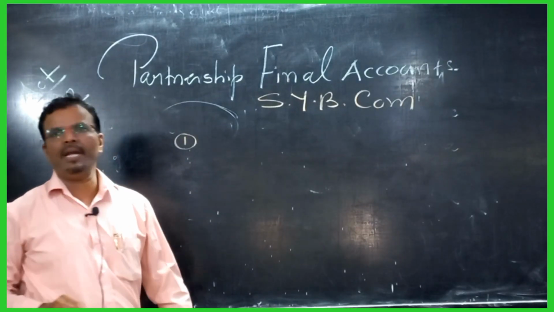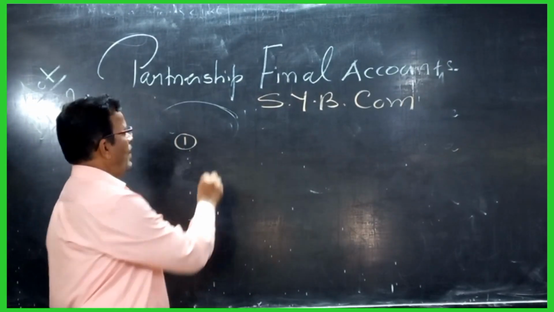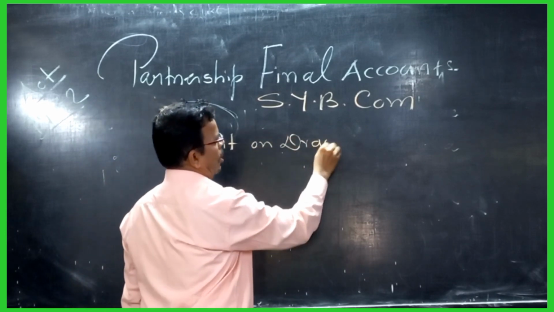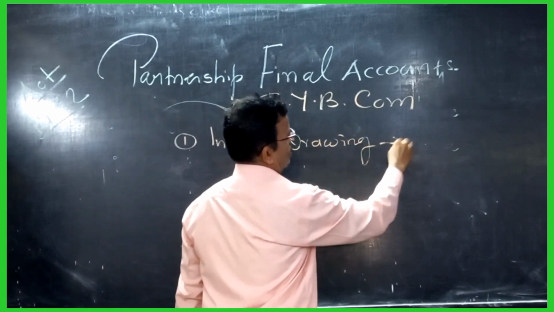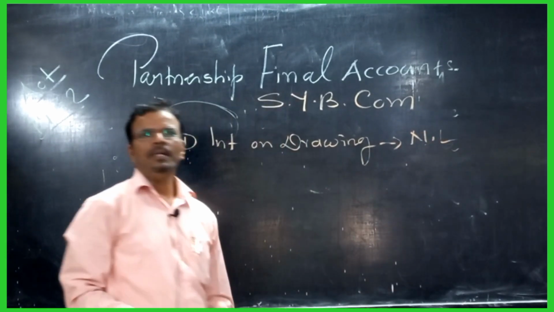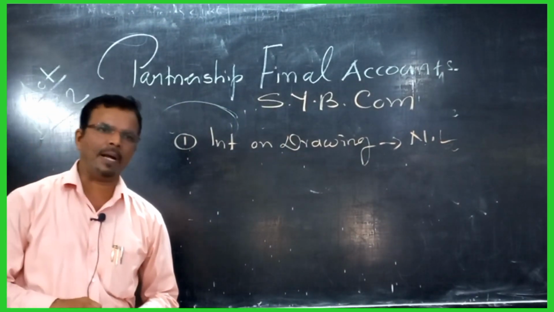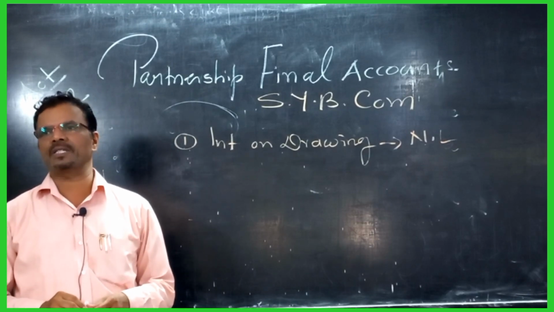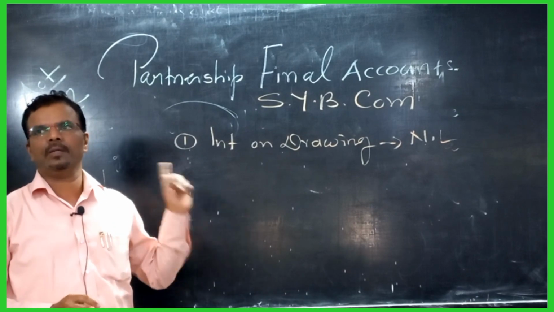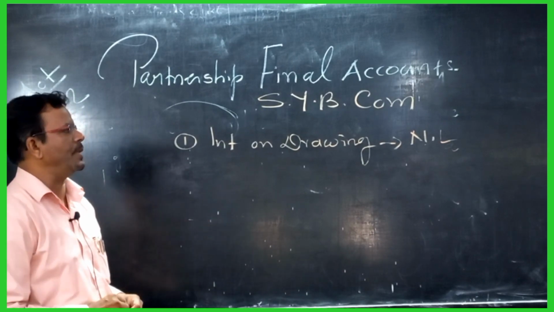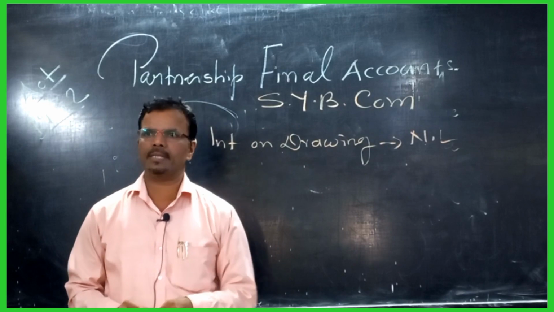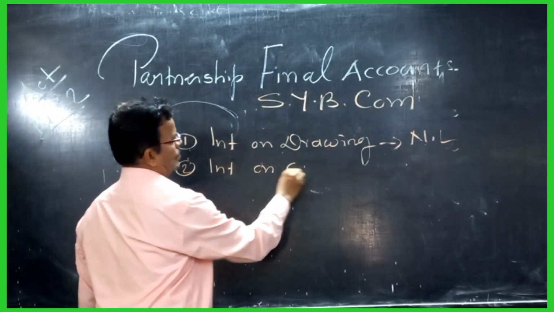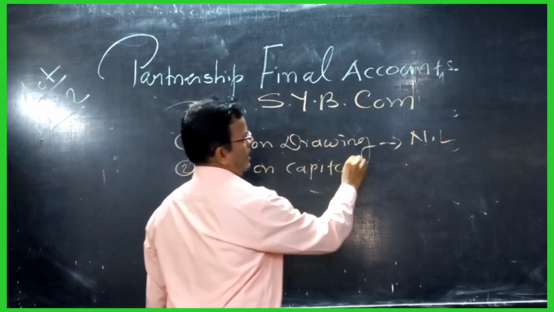First, interest on drawing. Whenever nothing is mentioned about the interest on drawing, we assume nil. Nothing should be charged to the partner when they withdraw money for personal use. So interest on drawing is always nil. Second, interest on capital is also nil.